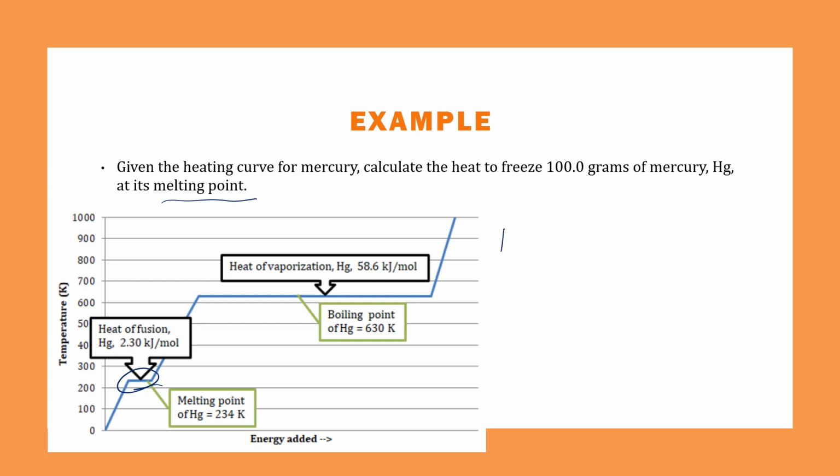So I have 100 grams of mercury. I need to change that into moles. The molar mass of mercury is 200.59 grams per mole. That way we have moles, because they gave it to us in moles here. This one just says to calculate the heat, so I need to pay attention to the sign.